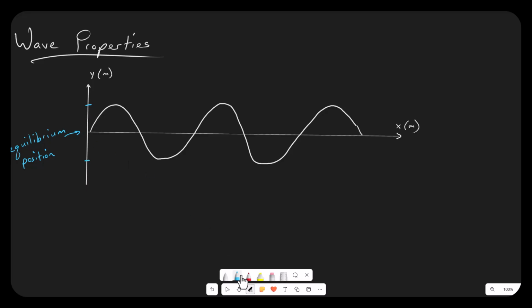So it goes up a distance from equilibrium and it goes down a distance from equilibrium. And that's going to be the same value. So these two are the same as each other, and that gets a capital letter A. A is going to be our wave amplitude.